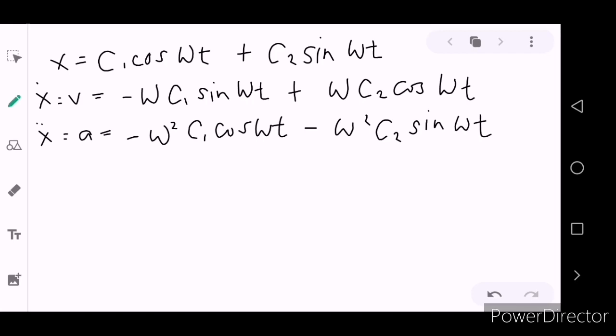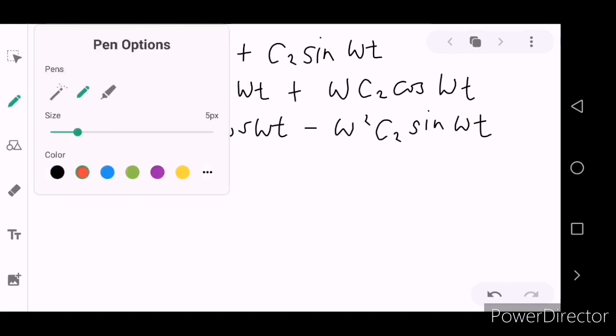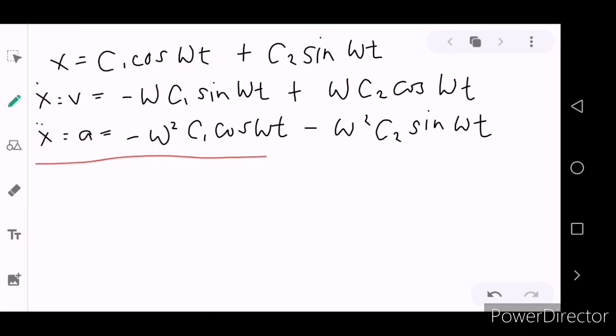So, always remember this equation. Okay? Lagi natin yung gagamitin when dealing with springs, sometimes sa mga pendulums.